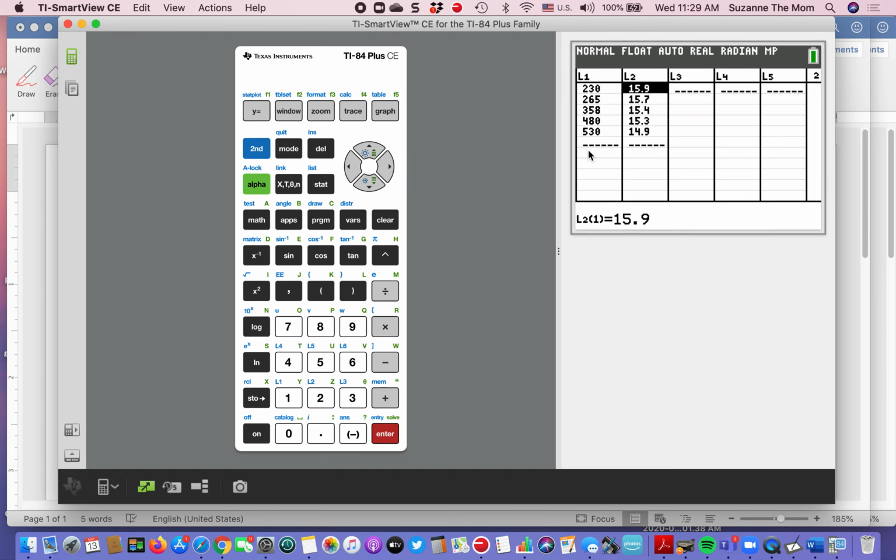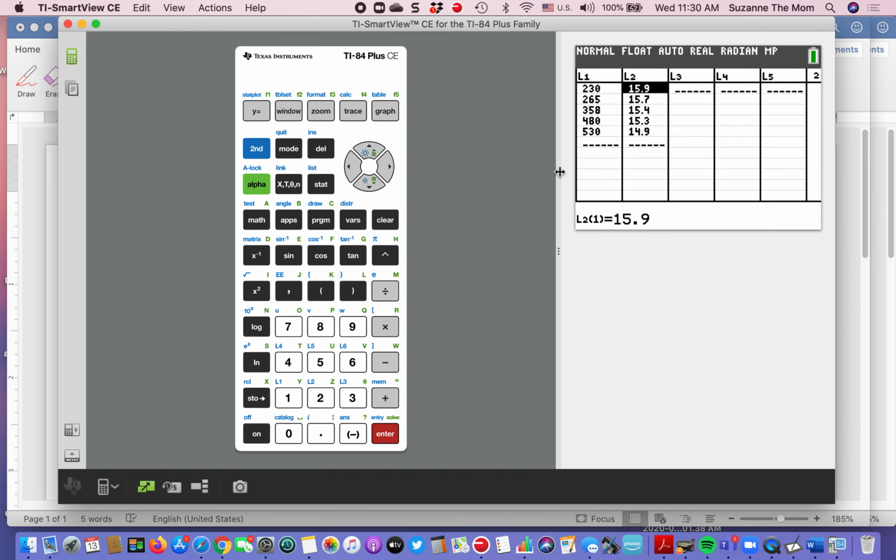That data is already in here for my calculator, so you can pause and put it in yours. My L1 is the lemon import values, and my L2 is the crash fatality rate. Notice that we have X comma Y. They're lined up and they have to go with each other. There has to be this relationship here. So pause, put yours in.